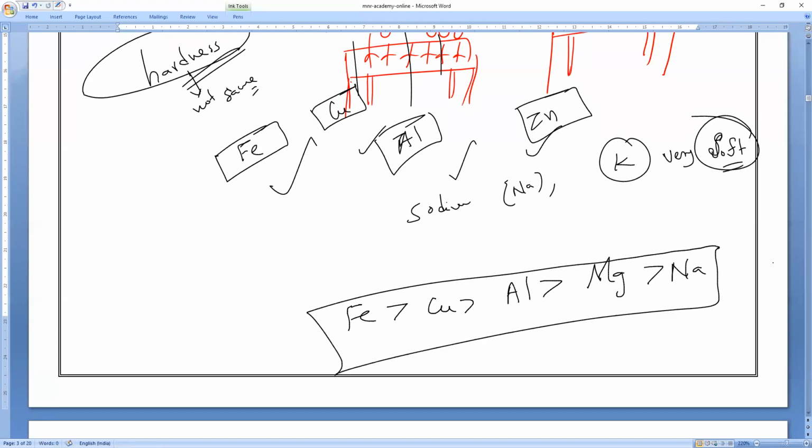You can conduct an activity to verify that different metals have different hardness. So this is the series. If you keep going, is the hardness decreasing or increasing? Hardness decreases. Please note that. Till here you remember, and from here we will continue in the next class. This is the first property of metals.